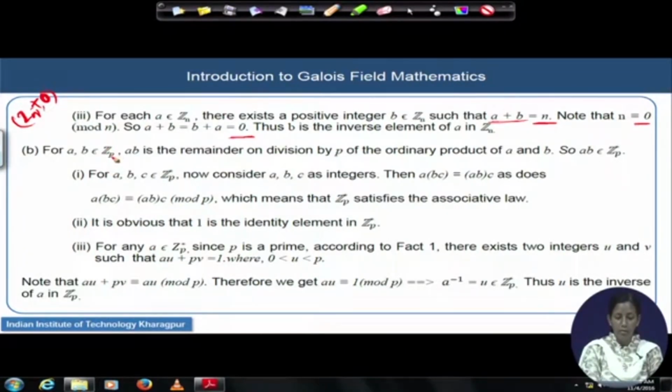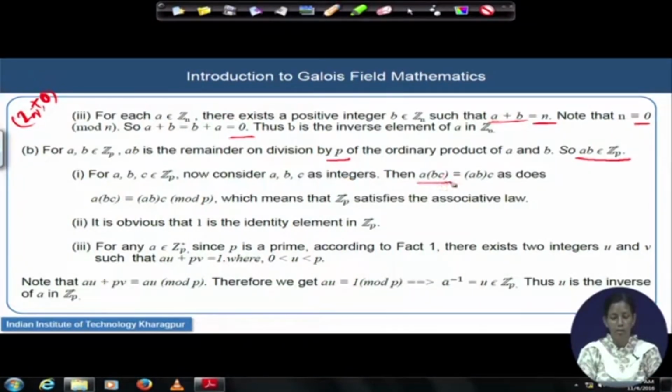Zp is the set of all the prime numbers. So, let A and B belong to Zp, and AB is the remainder of the division by p of the ordinary product of A and B. So, again going by the same logic, AB should belong to the set Zp star. Now, for A, B, C, three elements taken from Zp star, we consider that A, B, C are integers.